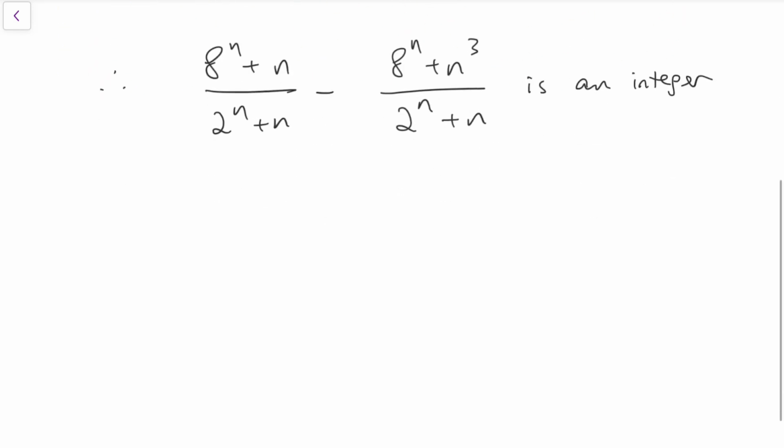And simplifying, we can say that n cubed minus n, all divided by 2 to the power n plus n, is still an integer. Notice that I'm not exactly taking the difference, but I multiplied that by minus 1.